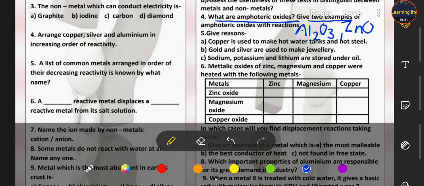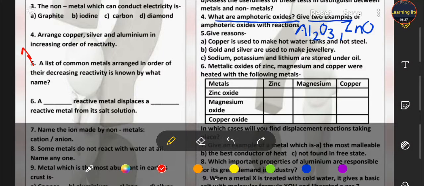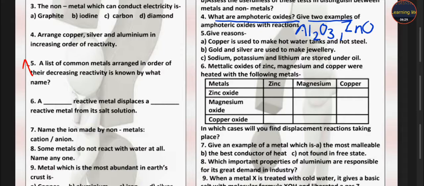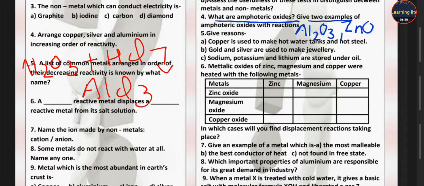And we have also to write the reactions here. So student, reactions are like, first is our aluminium oxide. Aluminium oxide when reacts with the acid, it gives aluminium chloride plus water.